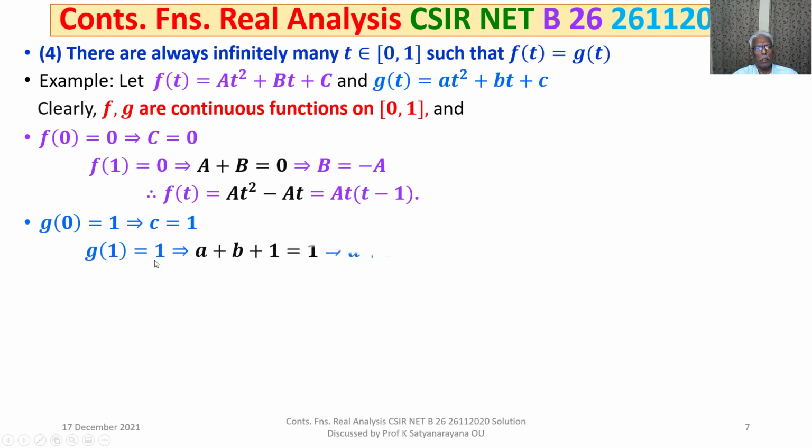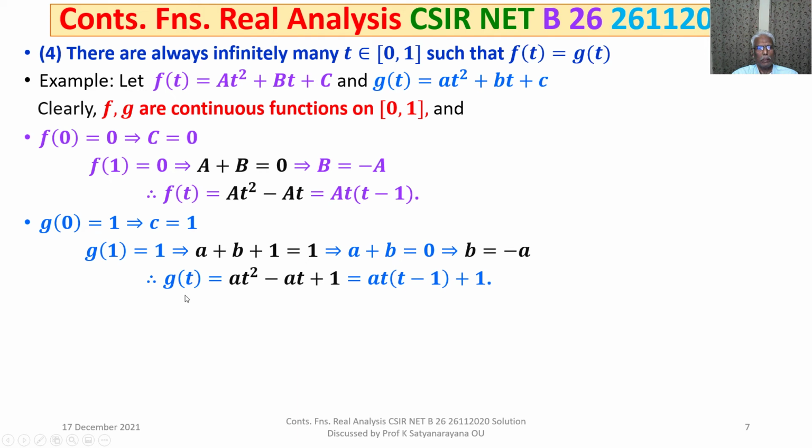G of 1 is also 1, that is a plus b plus c, that is c is 1, is equal to 1, 1 cancels, a plus b is equal to 0, that implies b is equal to minus a. Therefore, g of t is equal to a t square minus a t plus 1, that is a into t times t minus 1 plus 1.